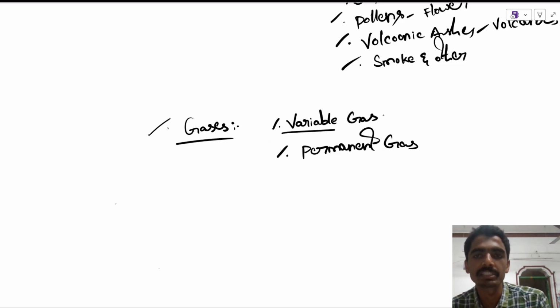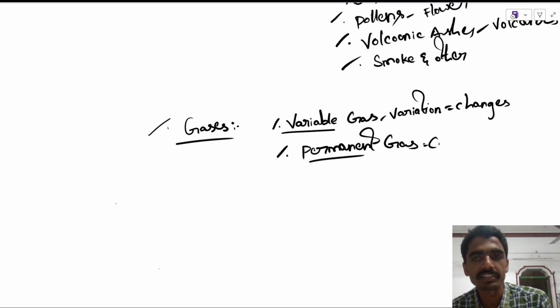The term variable means variation, changes, not in a constant manner. Then the permanent gases are constant, which means no changes.